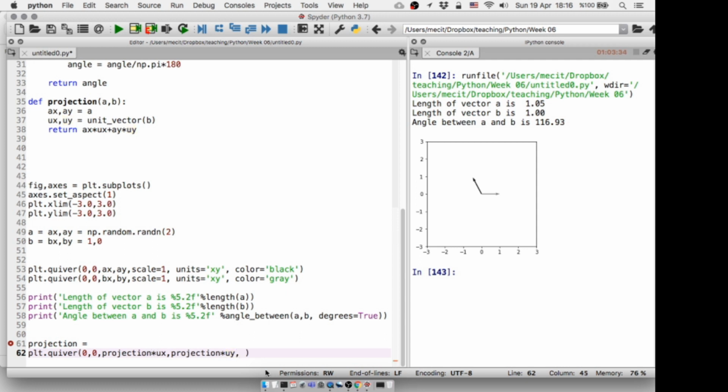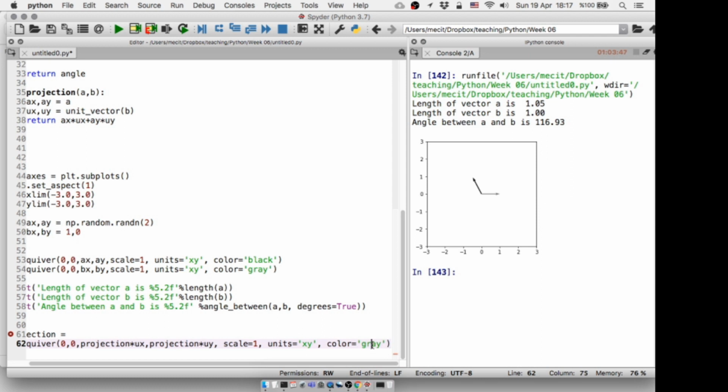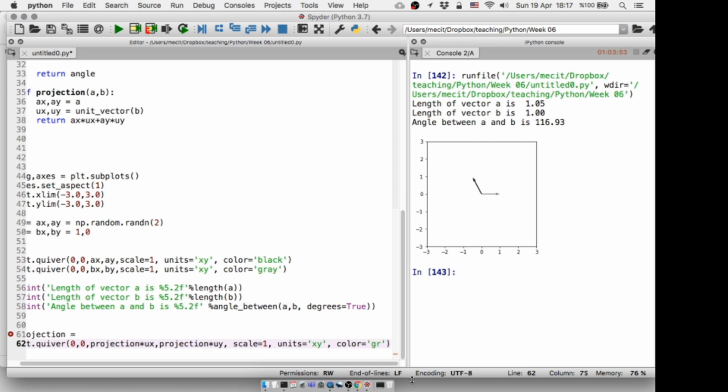So let's do the same description as I do here and use a different color. Okay, in this case, let's do a blue color.